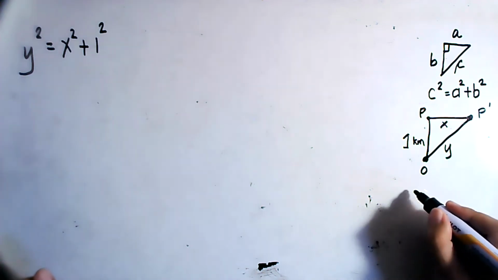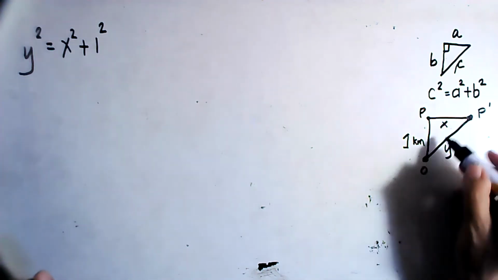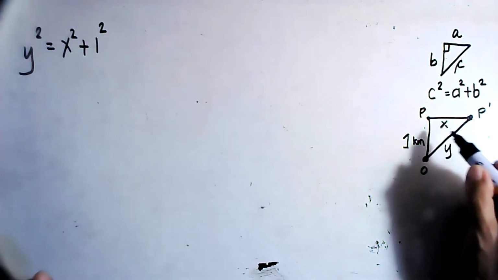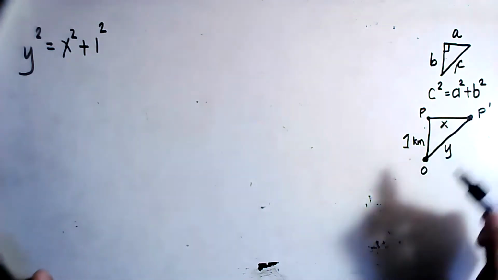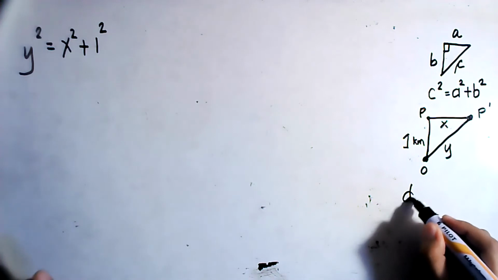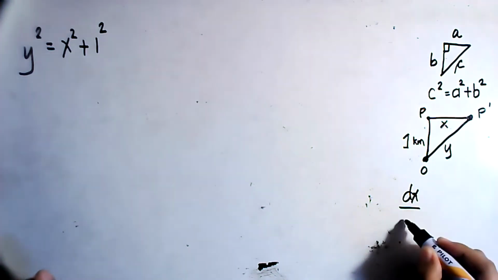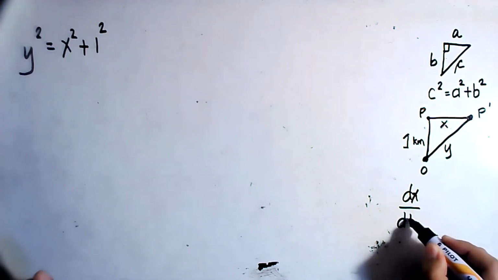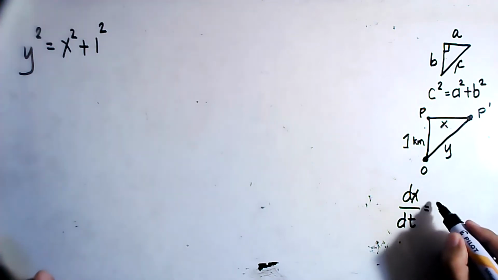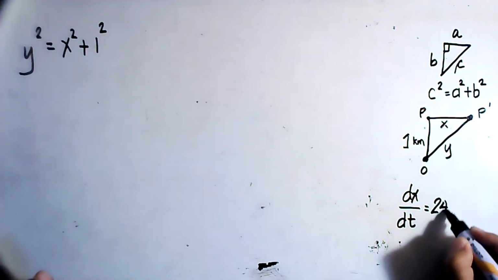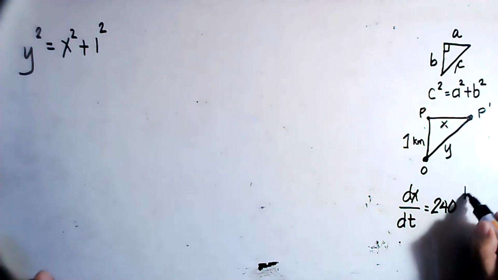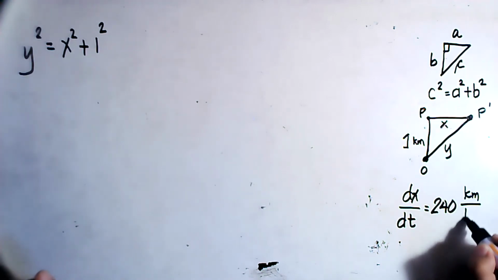So that means the change in distance relative to the horizontal position with respect to time, let's say that is dx/dt, is equal to 240 kilometers per hour.